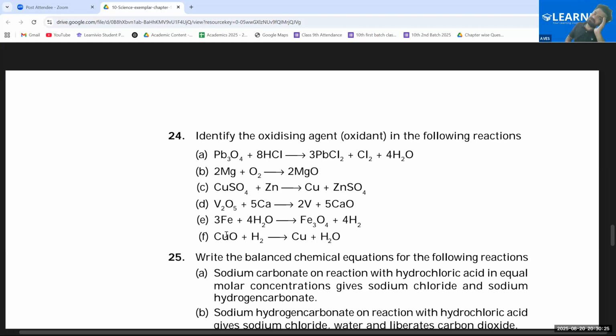But here, simply, the one which is carrying oxygen is an oxidizing agent. And that substance is reduced; the oxidizing agent is actually reduced. And the reducing agent is actually oxidized. Okay, got it? Clear to everyone? Yes, sir.